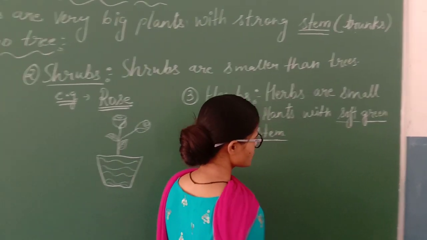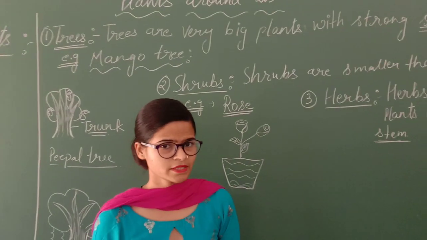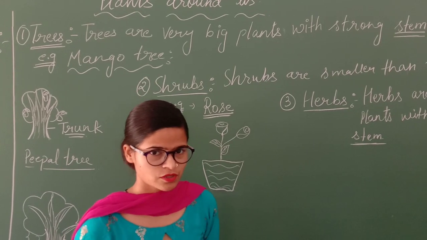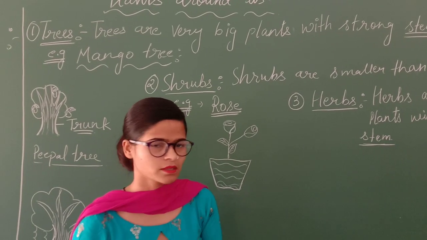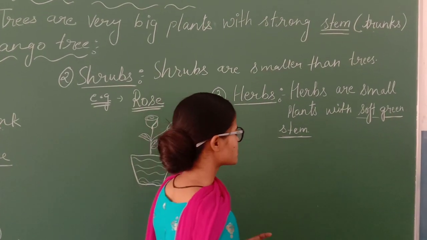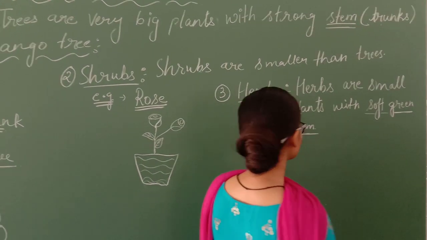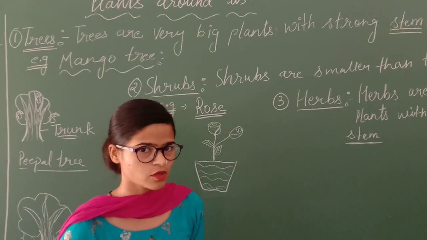For example, mint plant, spinach, spinach meaning palak, so these plants come under herb plants, and you can see grass also.